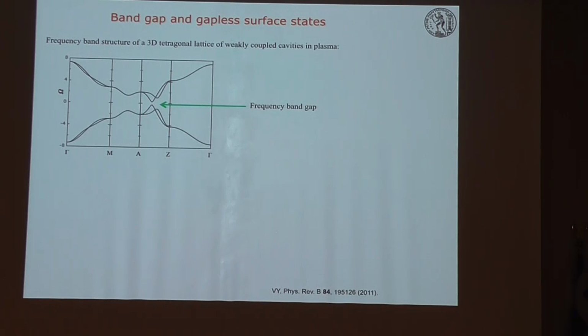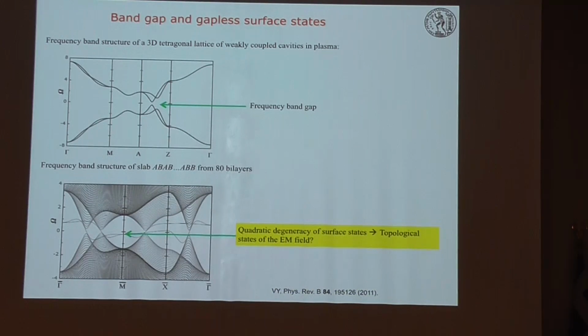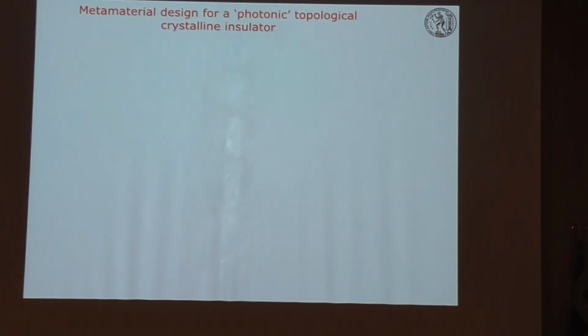We have the opening for a frequency band gap here, and if we take the frequency band structure for a finite slab, we get this quadratic degeneracy here at the midpoint of the surface Brillouin zone, which signifies the existence of topologically protected surface states in this photonic solid. And it's still Z2 topologically invariant.